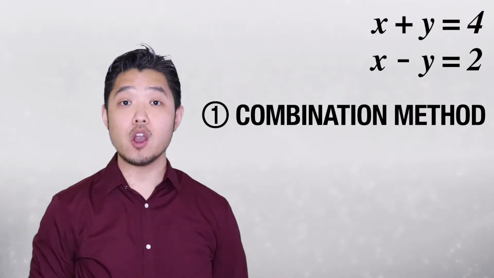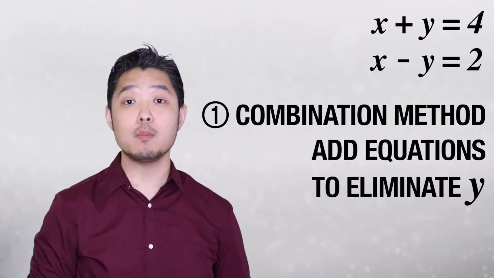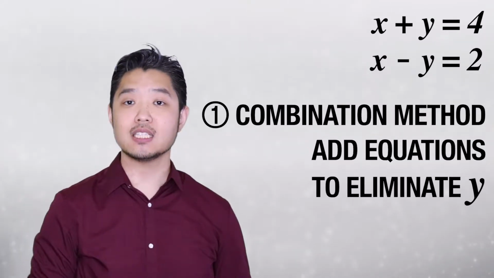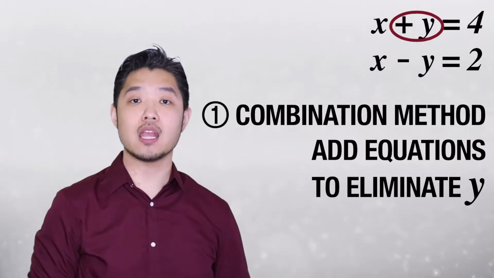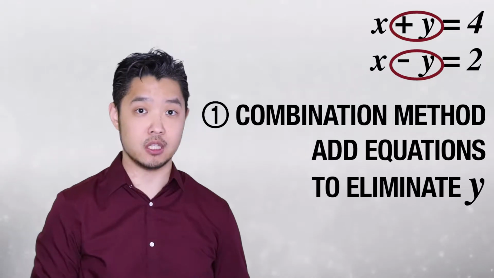We have two equations here, x plus y equals 4 and x minus y equals 2. For the combination method, we can just add these two equations to eliminate y. We can do this because we have plus y in the first equation and minus y in the second equation.